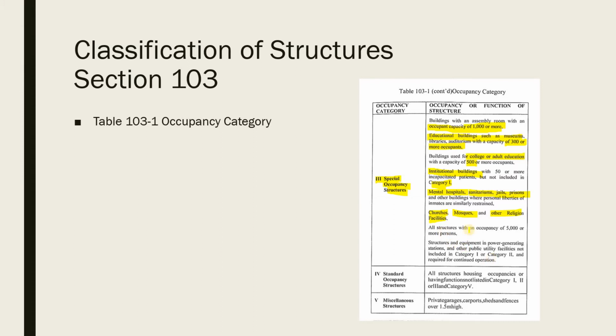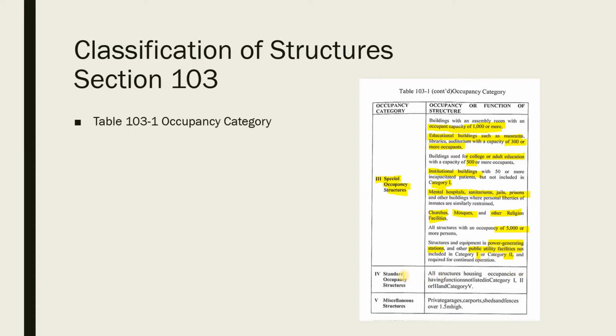Okay, and then all structures with an occupancy of 5,000 or more, special occupancy na yan. Structures and equipment in power generating stations. Okay. And other public utility facilities not included in category 1 or category 2.